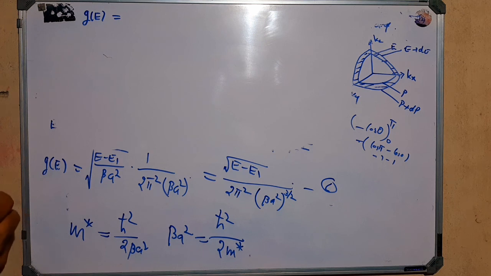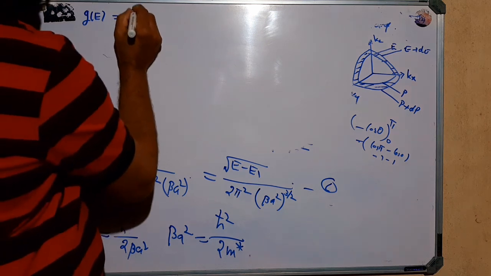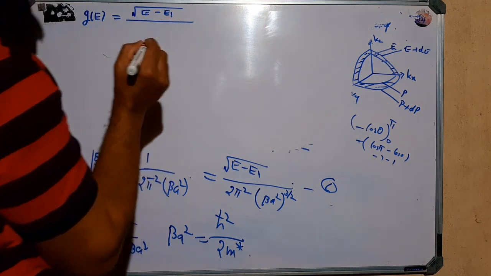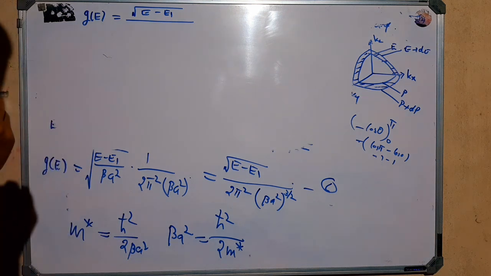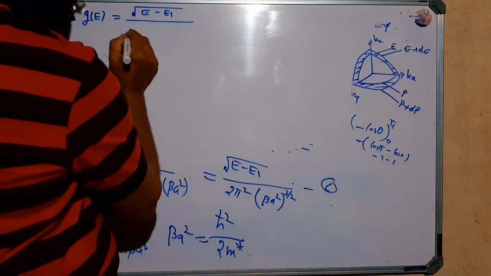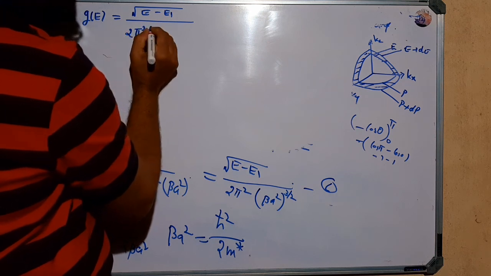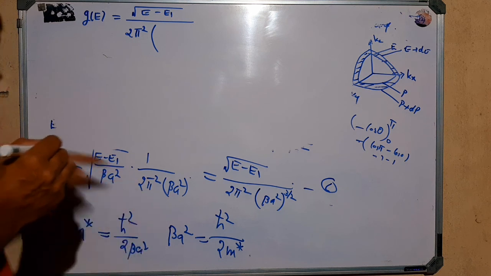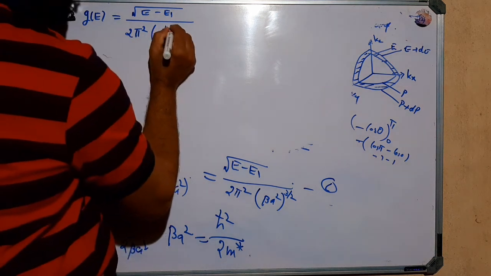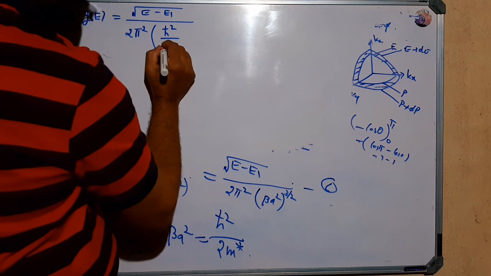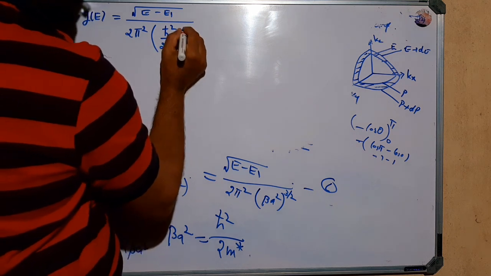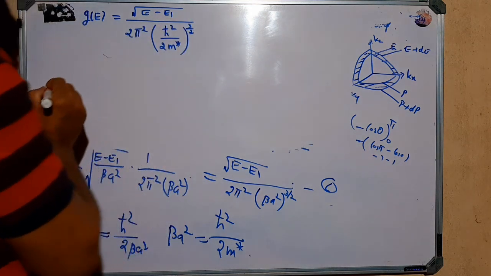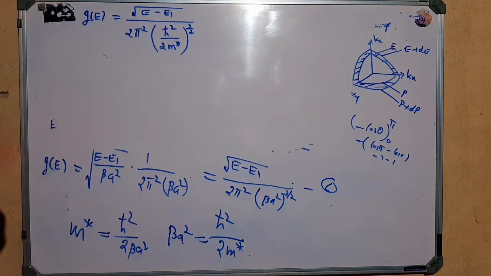square root of E minus E1 divided by 2 pi square into beta a square. Beta a square is nothing but h cut square divided by 2m star to the power 3 by 2. Right.